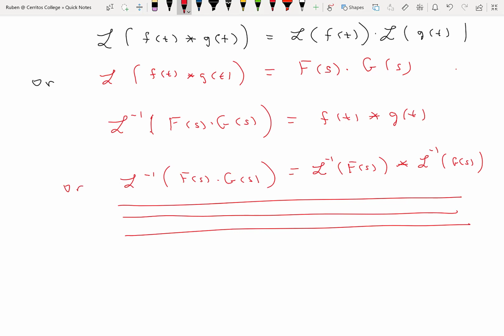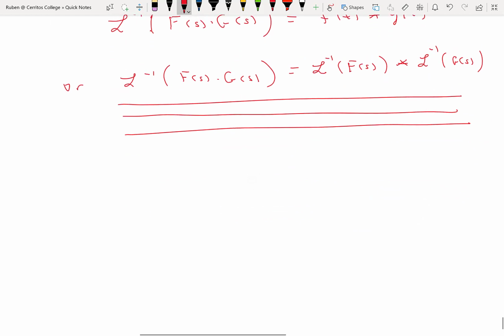So now let's use this in a simple example before we get to more elaborate examples here. So, example: find the inverse Laplace transform of 1 over (s minus 2)(s plus 1).